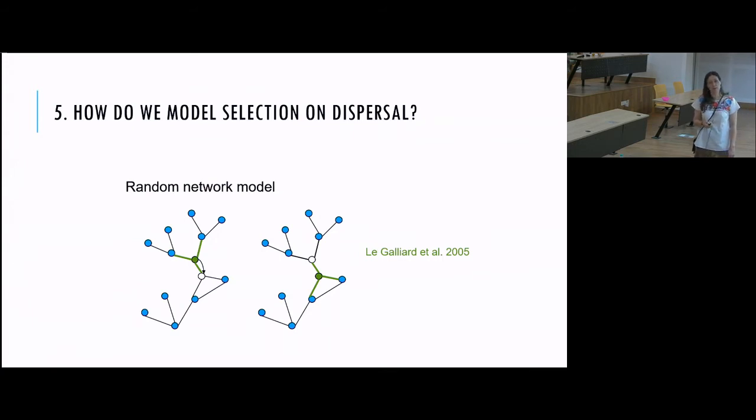Then you look at the demography and the evolution at this scale of interaction. But this is a random network, because the whole network structure is not kept in the model. You know who is next to you, but you don't know who is 2 steps away from you.